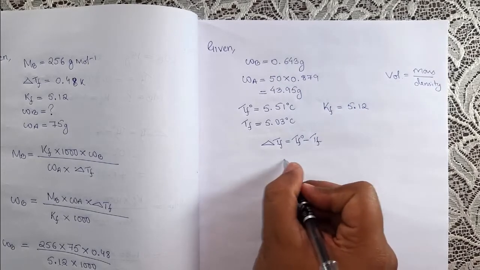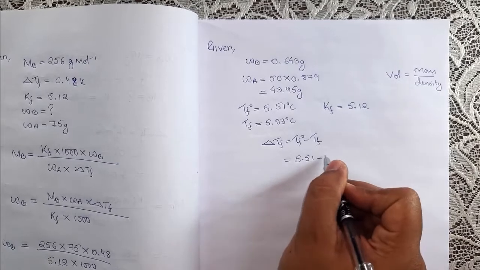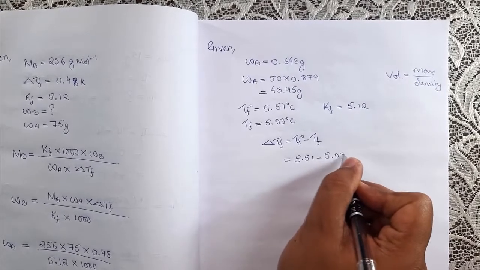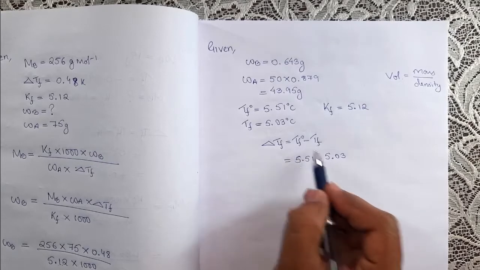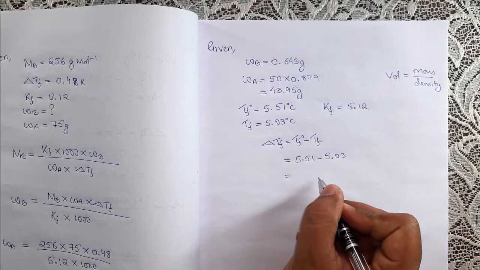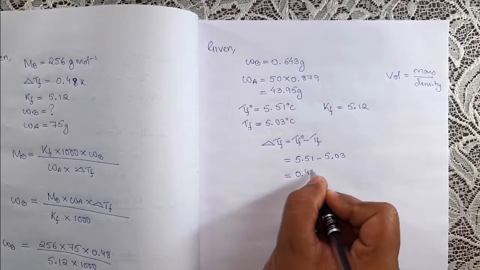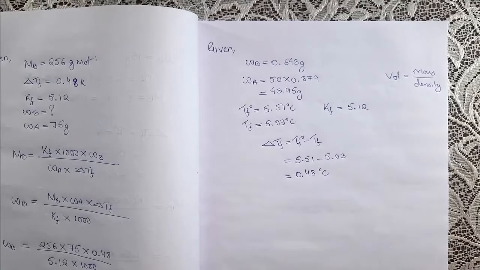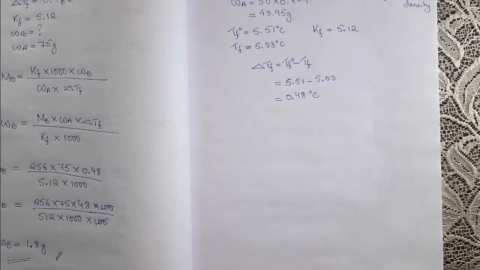TF naught is 5.51 minus 5.03. Just a simple trick: take the bigger number as TF naught and the smaller one as TF. If you subtract these values, you shall have 0.48 degrees Celsius. So this becomes our ΔTF.